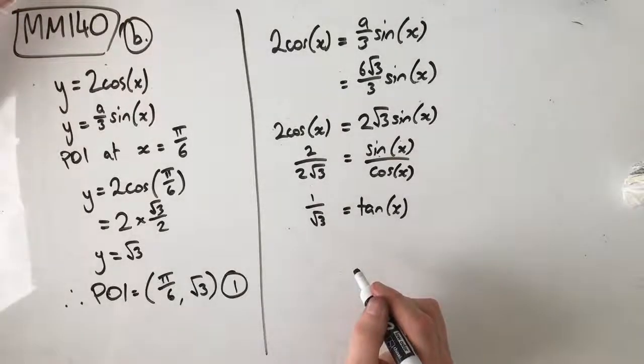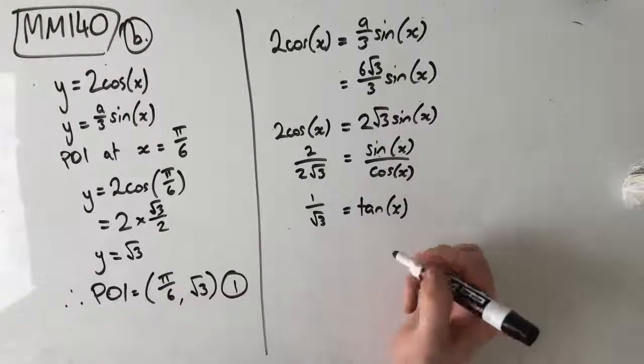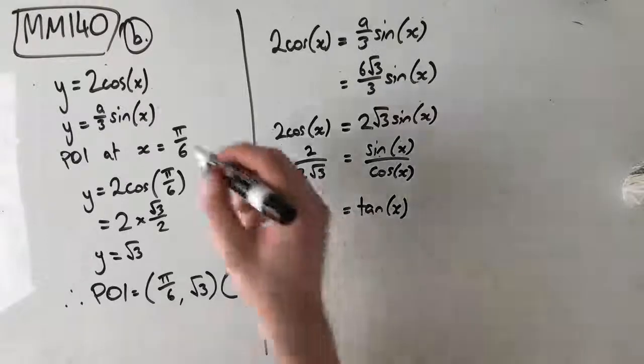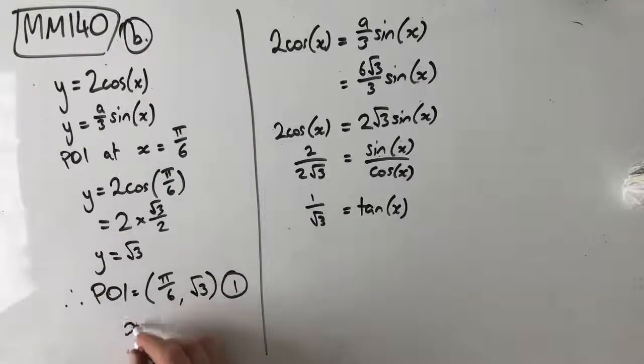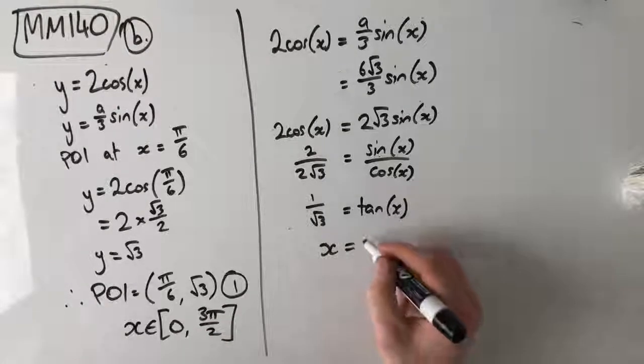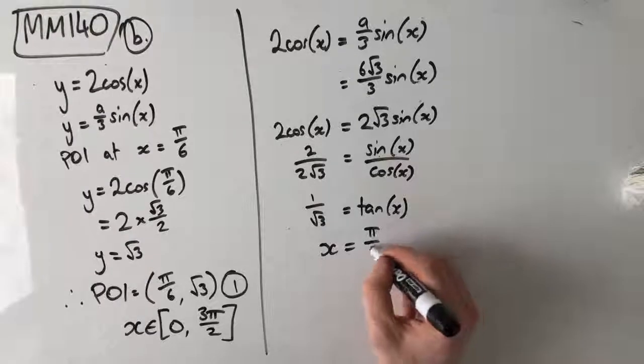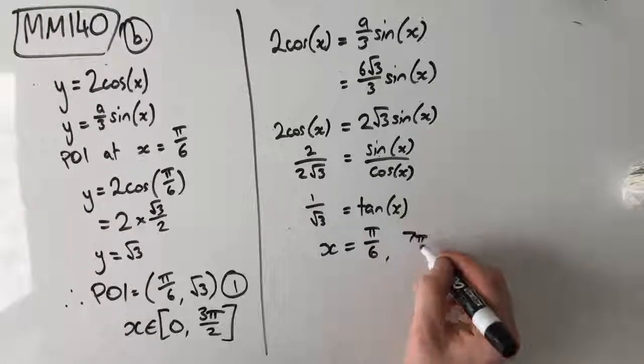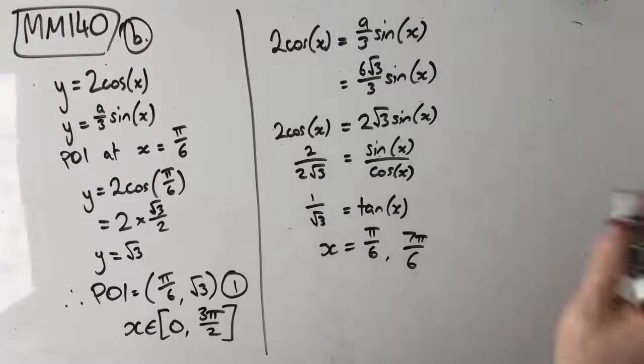So from here, guys, because x is between 0 and 3 pi on 2, this means that x here is equal to pi on 6 and 7 pi on 6. This is, remember, according to our unit circle.